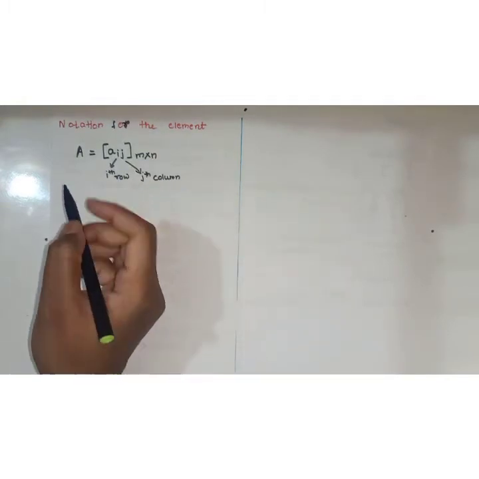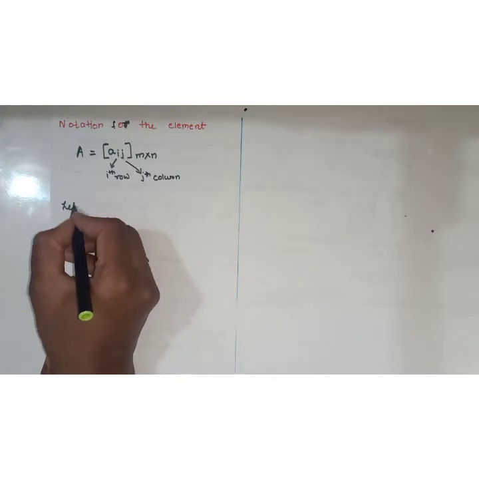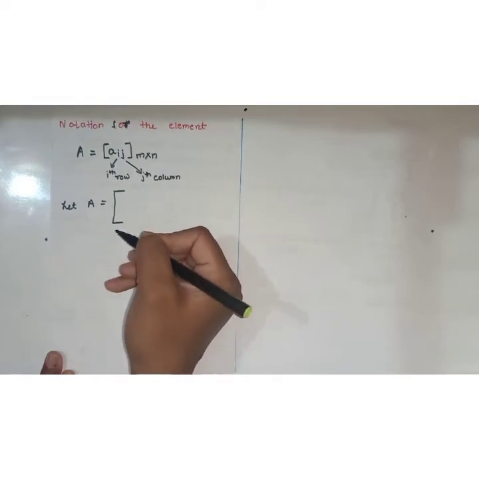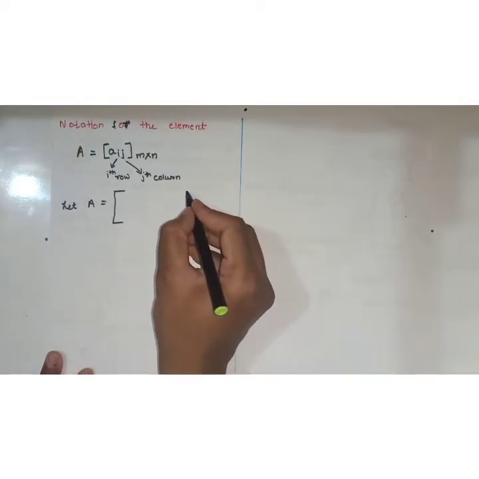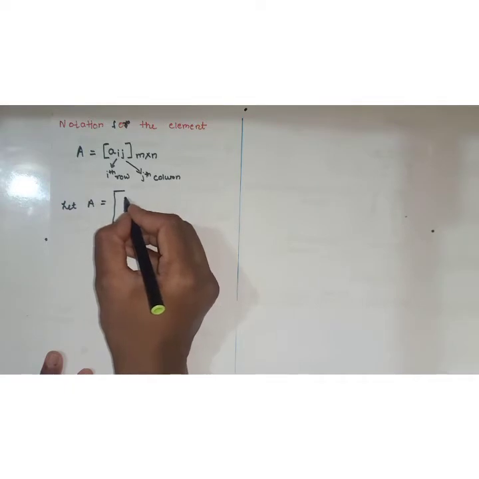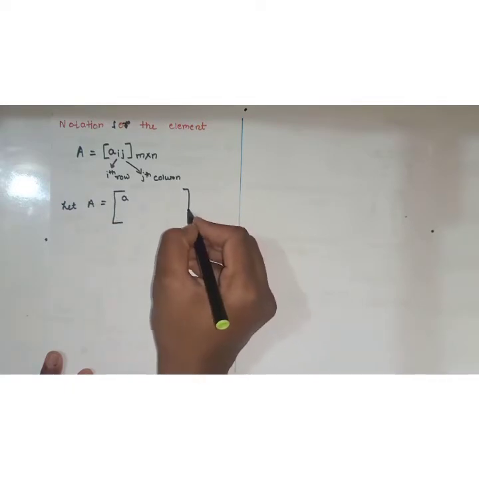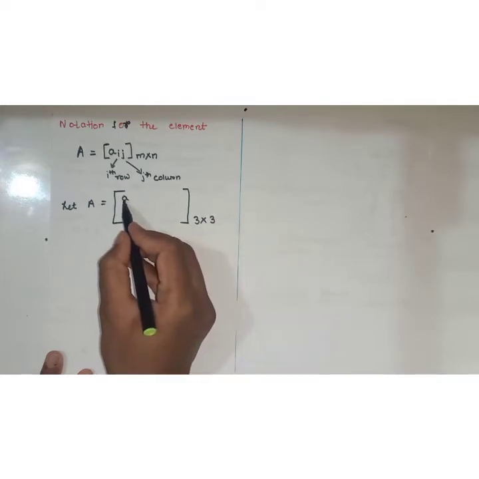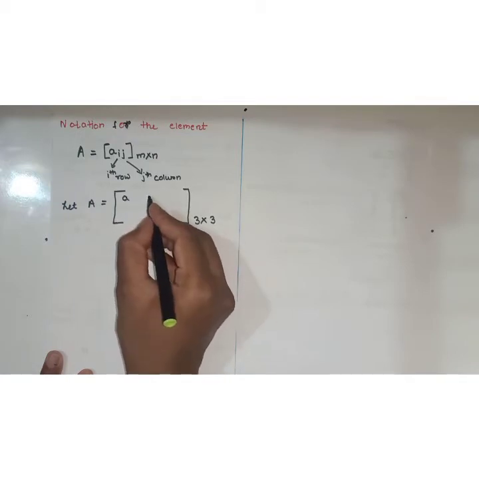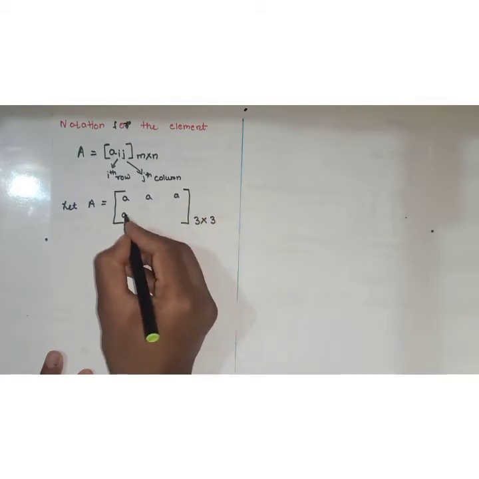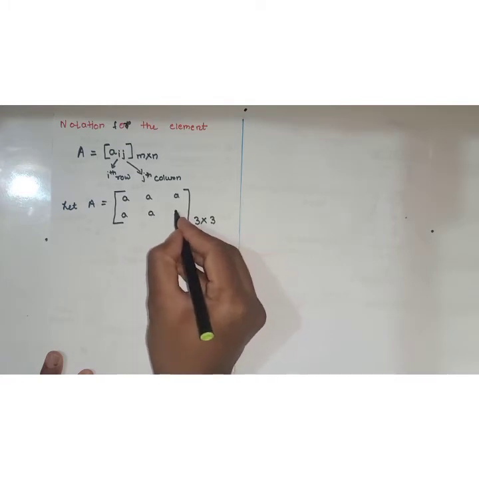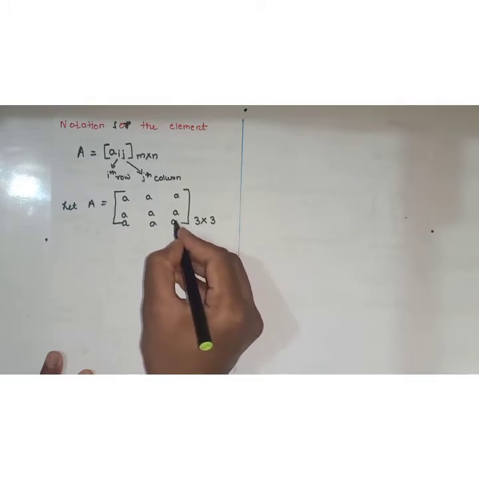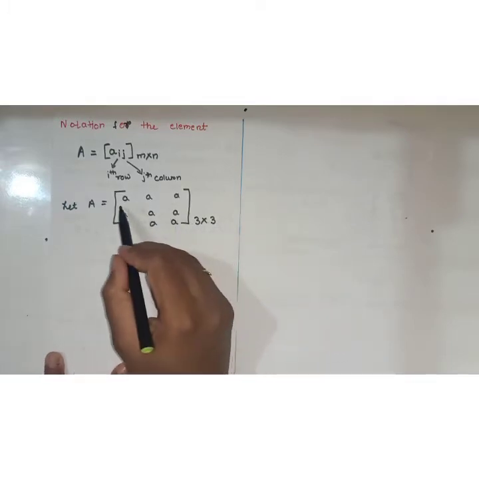Clearly, let's see here. Let A equal this matrix of order 3 by 3. Since it is 3 by 3, how many elements will it have?